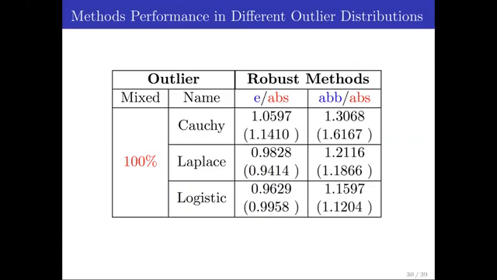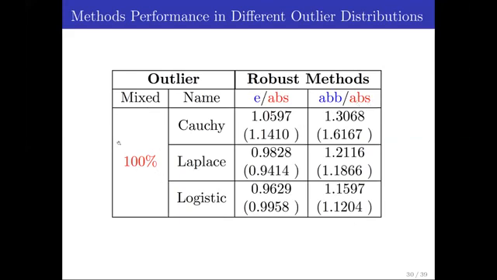So we set the ABS method as the base method. This column stands for the comparisons between the general E method and ABS. This column stands for the ABB to the ABS method.